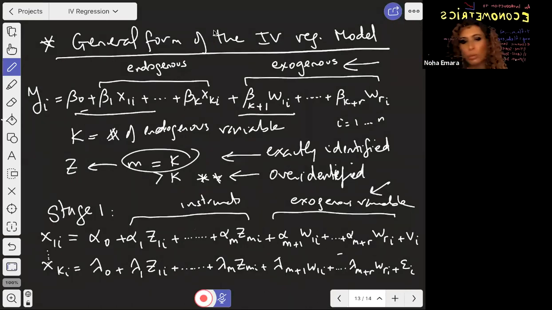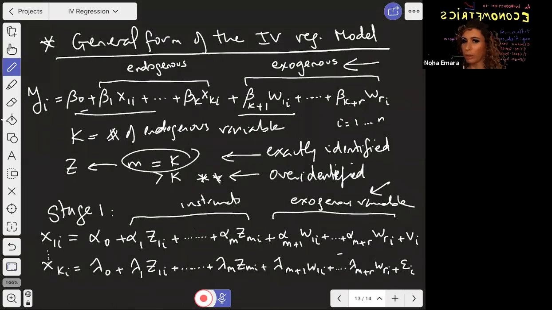Again, whatever you have after the equal sign is exactly the same. I just have different notations for the coefficients. And again, the idea is to extract the good part of x, the part that is non-problematic.